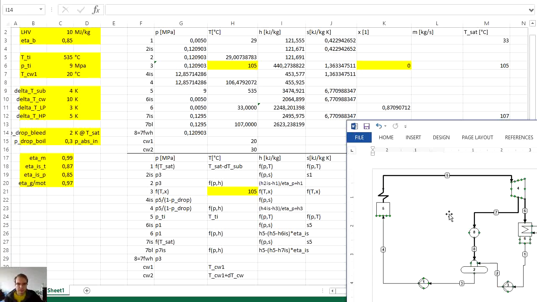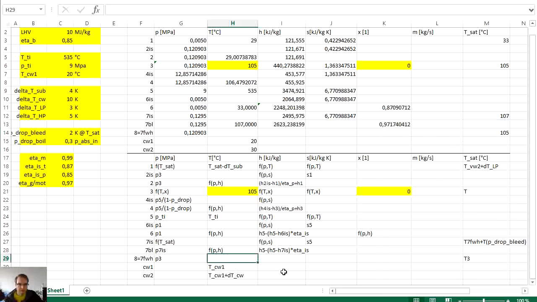The enthalpy, as this is just a valve, throttling is an isenthalpic process, so the enthalpy at point 8 will be same as enthalpy at point number 7. So enthalpy at point 8 is same as enthalpy at point number 7.